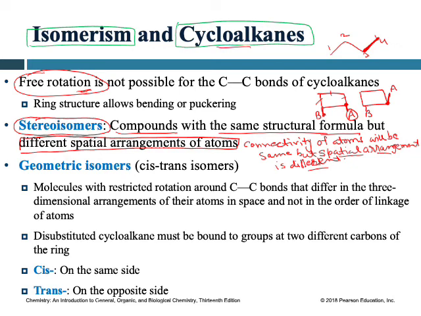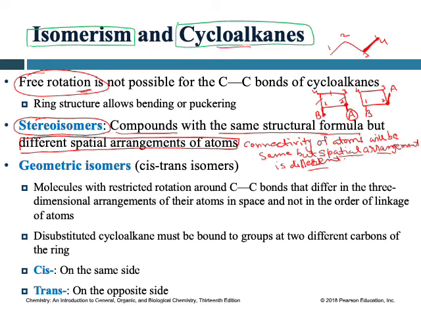So let's number this one. 1, 2, 3, 4. 1, 2, 3, 4. So it's still A attached to carbon number 2 like we have in the first structure, same as carbon number 1 attached to B, but now the spatial, the three-dimensional arrangement is changed.